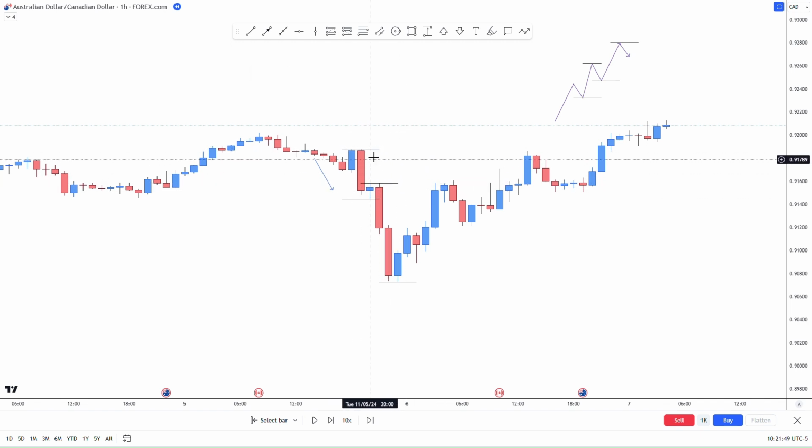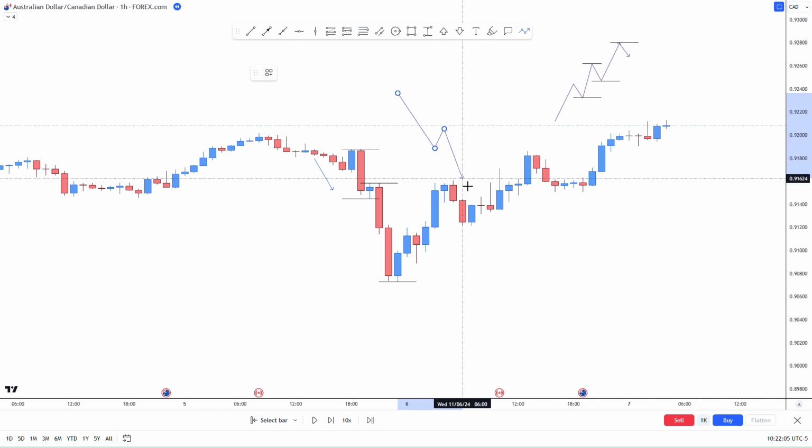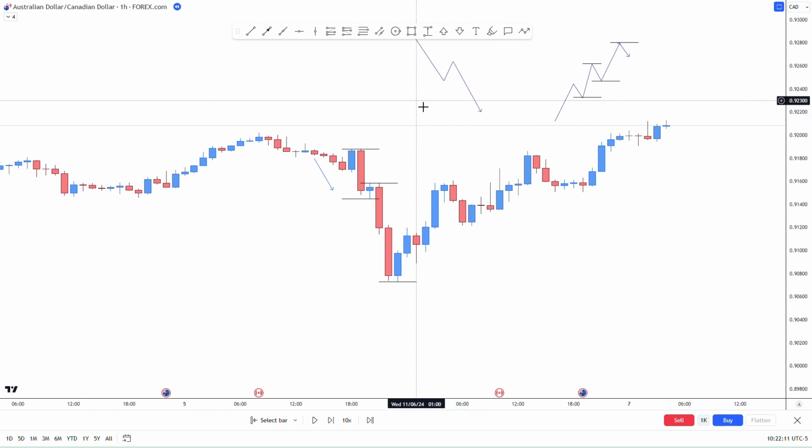So the high, excuse me. So we got the high. We're going to say we got the lower low. Okay. This is going to be the higher low. Now we've created the lower low, the higher low. Okay. Just like the other direction, lower low, higher low, lower low. Okay, that's what we're doing.